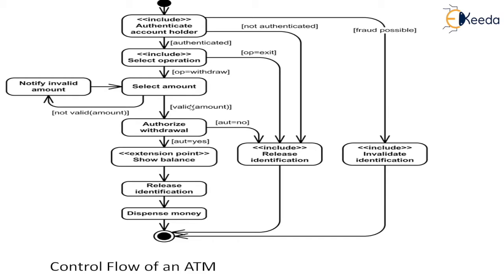If the amount is valid, then you authorize the withdrawal and show the balance. And these are all the alternate paths if these kinds of constraints happen. So if these conditions happen, then it will go into an alternate path. So the control path is being shown based on the conditions or the type of event that is happening.